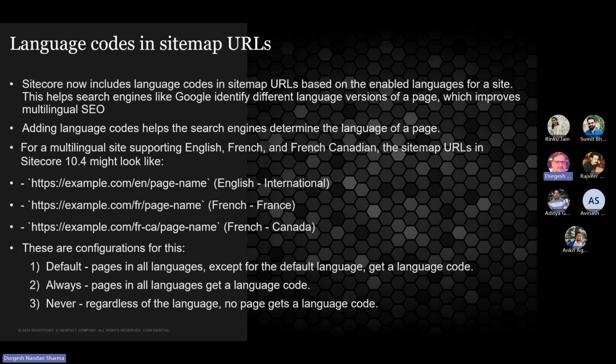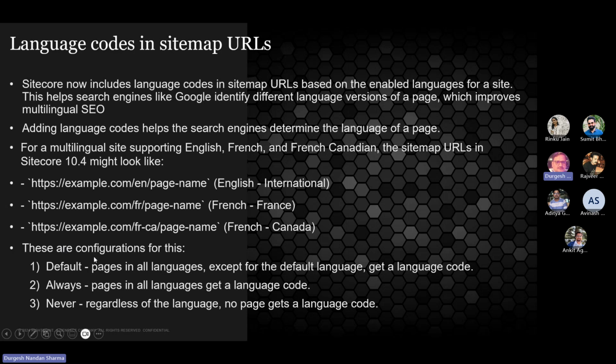For SEO, whenever a user from a different country or language is searching for the page, it is better for indexing and SEO purposes that we add the language code.